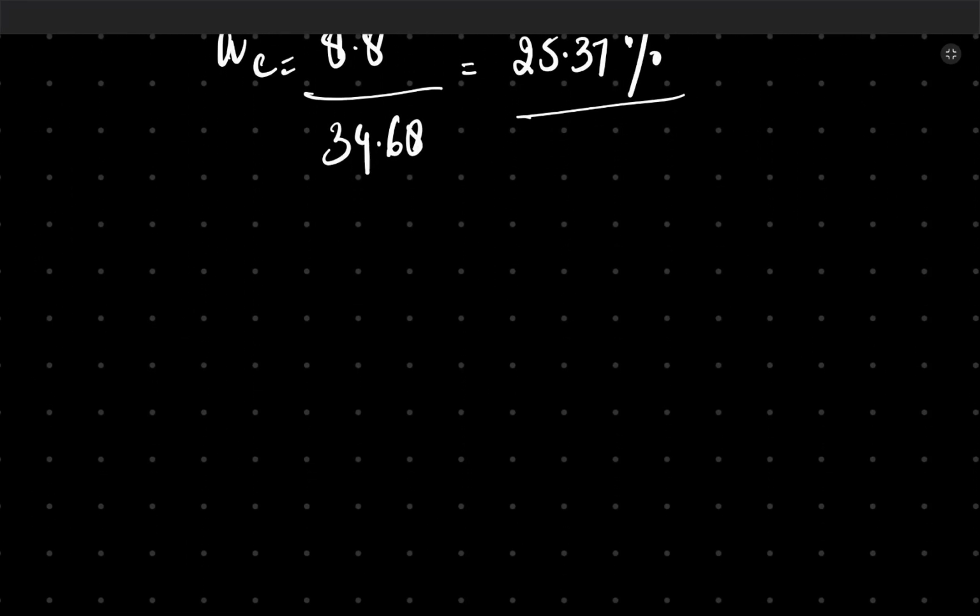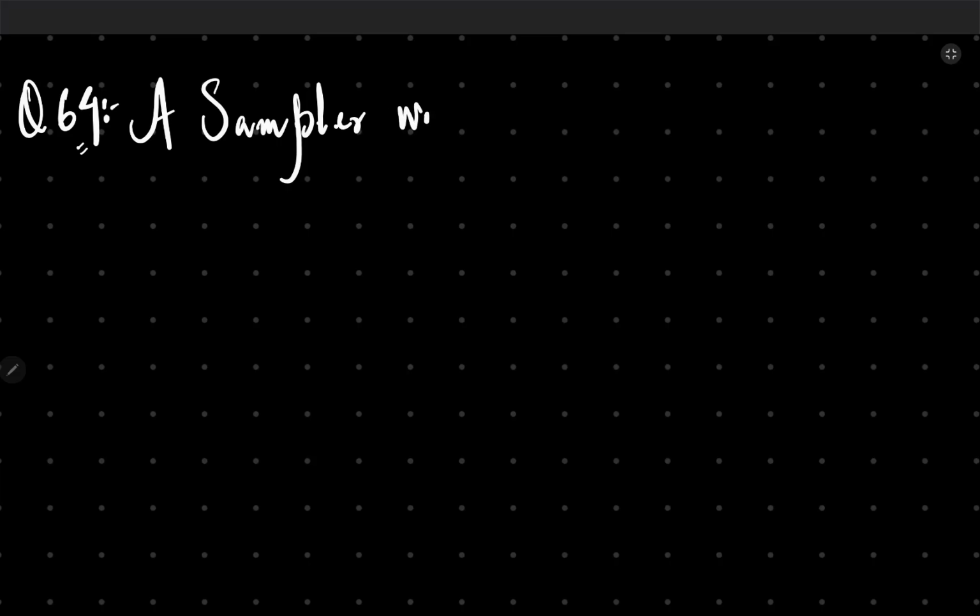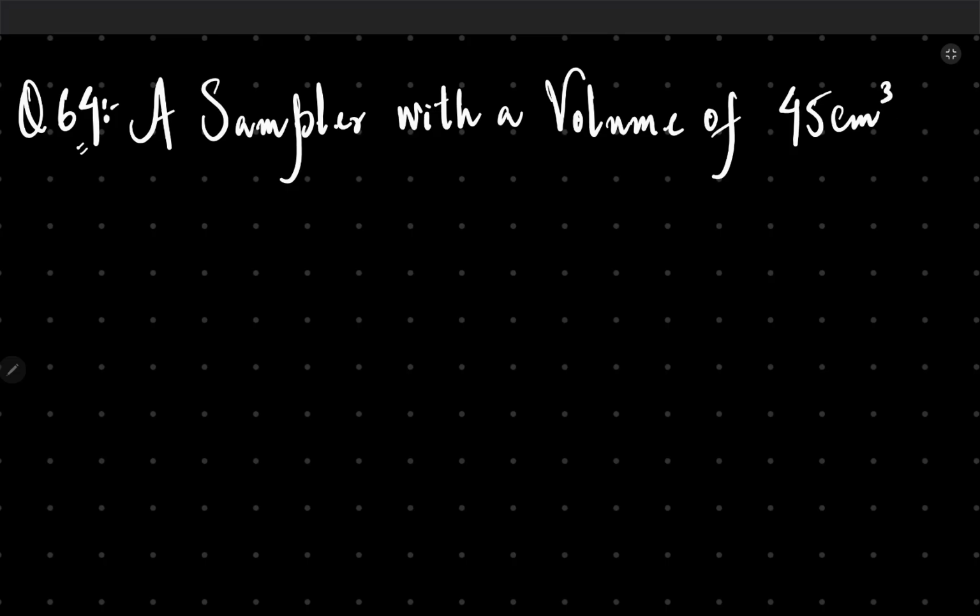Question number 64. A sampler with a volume of 45 cubic centimeter is filled with soil sample.